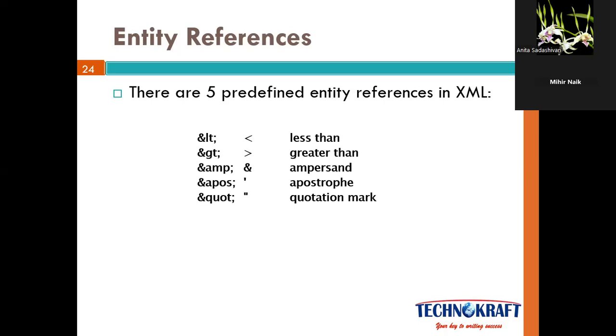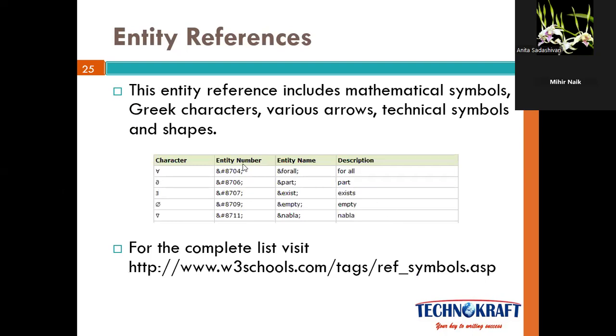For and, it is ampersand AMP. Apostrophe is ampersand APOS, and quotation is QUOT. The entity reference includes mathematical symbols, Greek characters, various arrows, technical symbols, and shapes. For the complete list, visit the website. You can make a note of this.